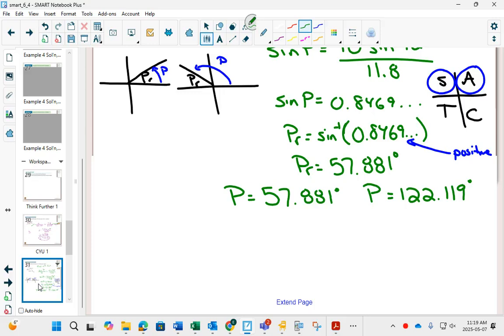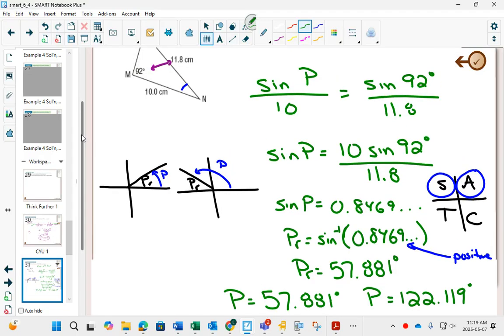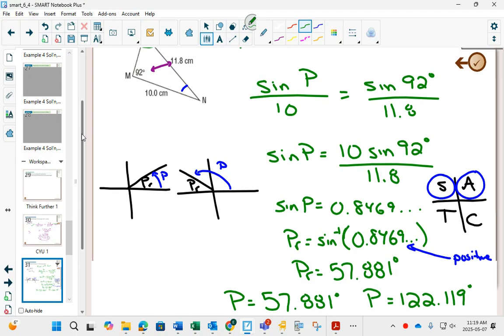Now, once you solve something, look at your picture. Do they both work? Is this the case where we have two triangles that work? Or is it the case that none of them work? Or is it the case that only one of them works? Why would I do this?